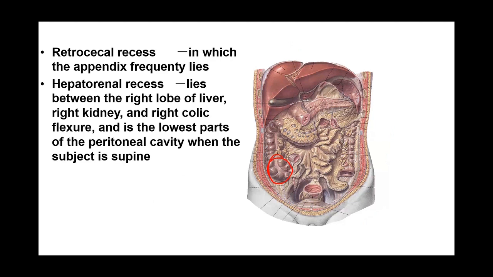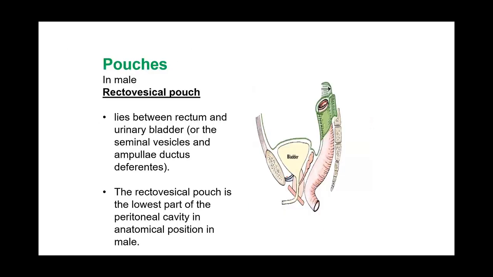The hepatorenal recess lies between the right lobe of the liver, right kidney, and right colic flexure, and it is the lowest part of the peritoneal cavity when the subject is supine.